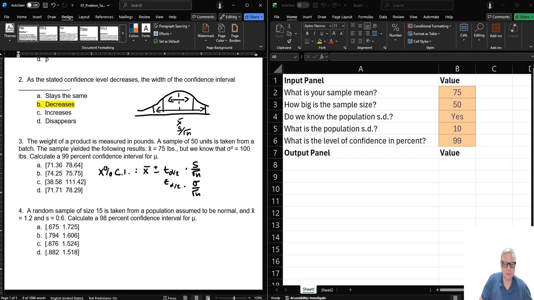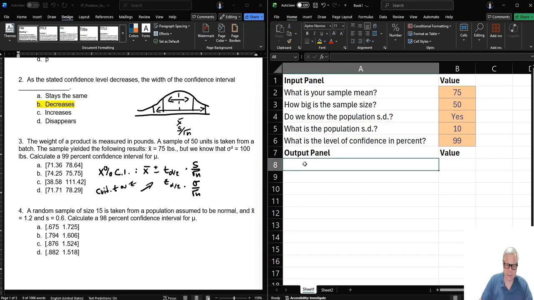So this is either the critical t or the critical z, and that depends again on whether the user said we know the population standard deviation, yes or no.